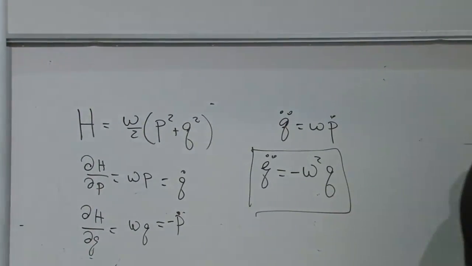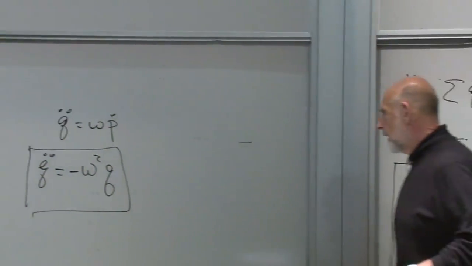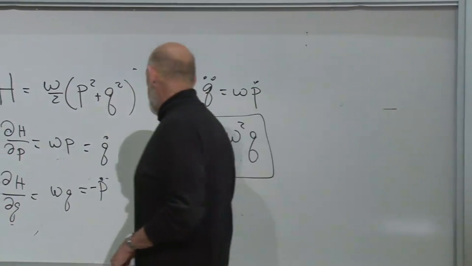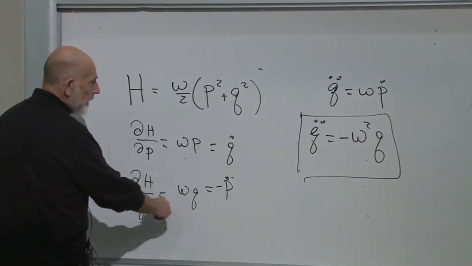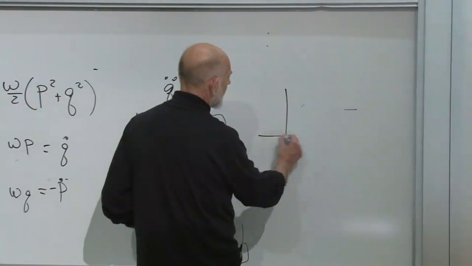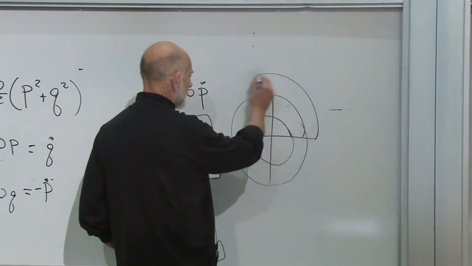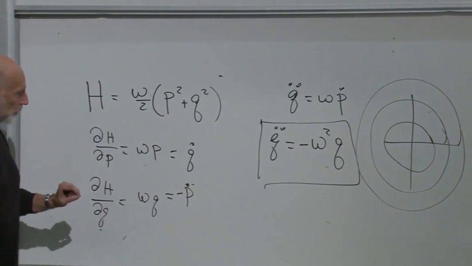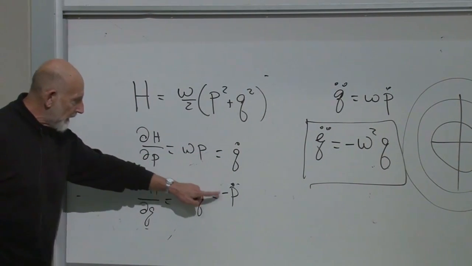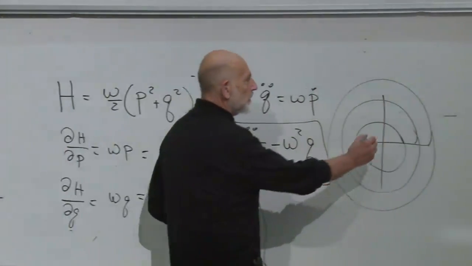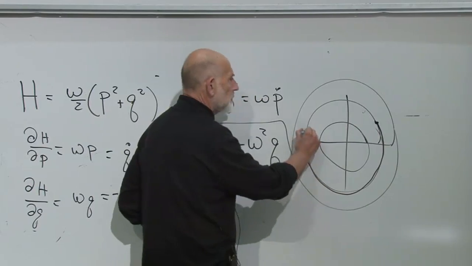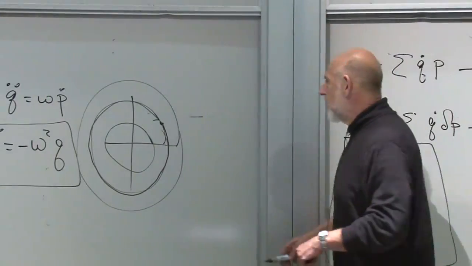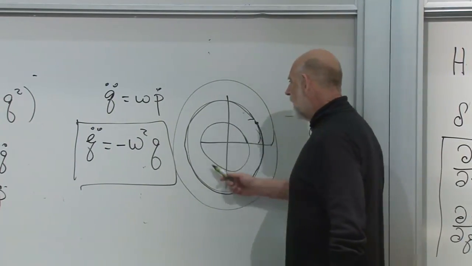We're not going to solve it right now. Most of you know how to solve it with sines and cosines. But if you look at this form and go back to the circles in phase space, these two equations, which tell you what q dot is as a function of p, and what p dot is as a function of q, are simply the equations that tell you that things move around on the circle with constant omega, and that omega is independent of the distance.